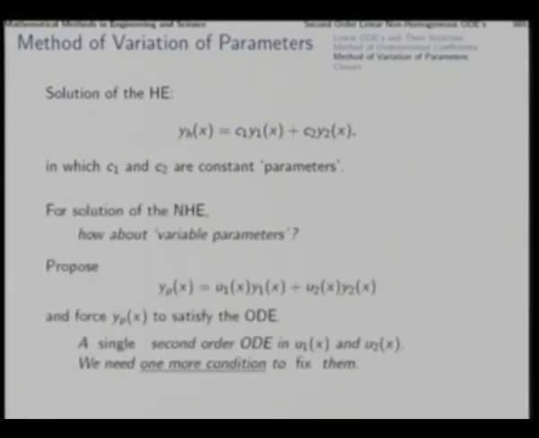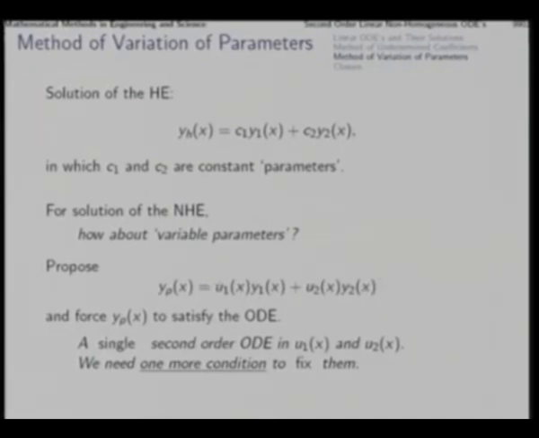So, we consider variable parameters. We propose the particular solution of the non-homogeneous ordinary differential equation as u1 y1 plus u2 y2, and then we ask for the functions u1 and u2 that will make this yp satisfy the given differential equation.